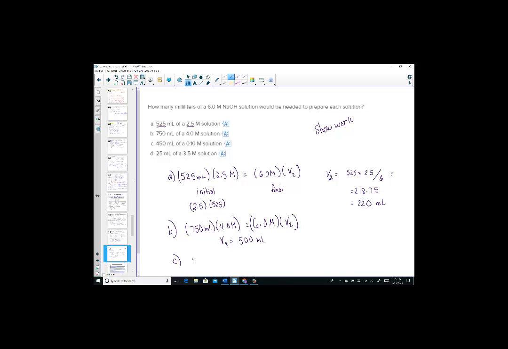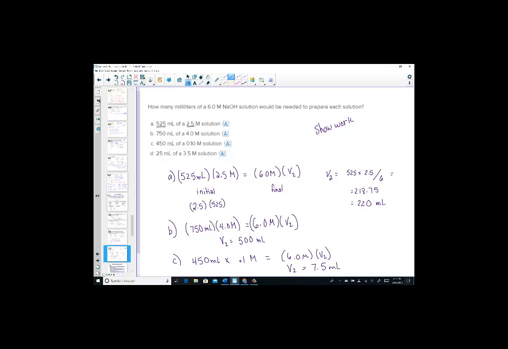Letter C: 450 times 0.1 molar set equal to 6 molar times V2. So on your calculator, you hit 450 times 0.1 divided by 6. And this came out to be 7.5. So what is that, 7.5 mL?